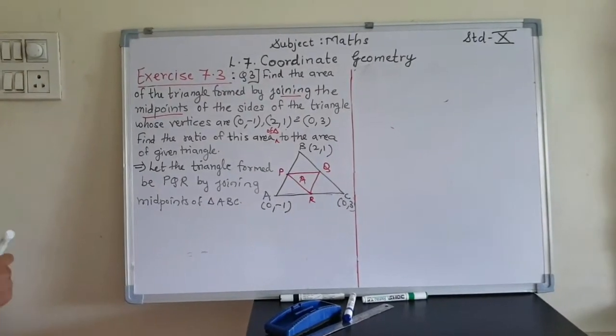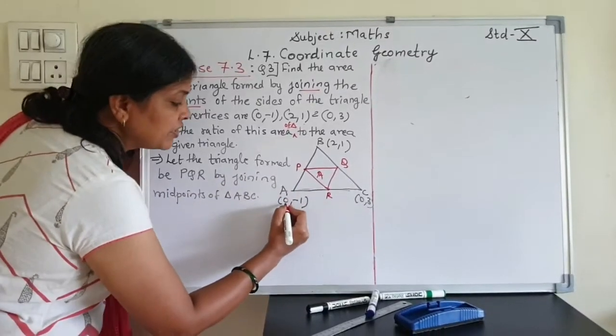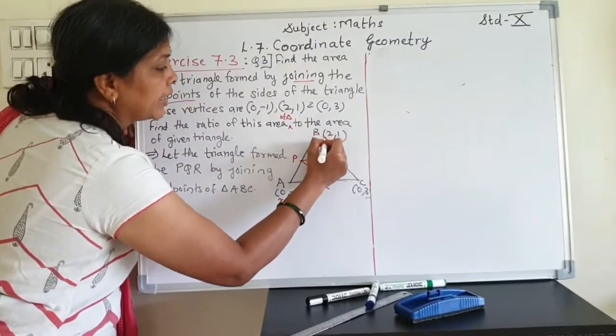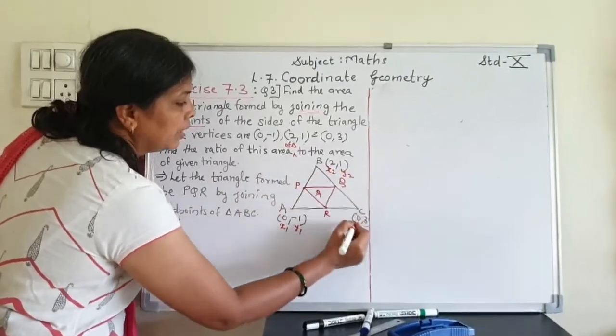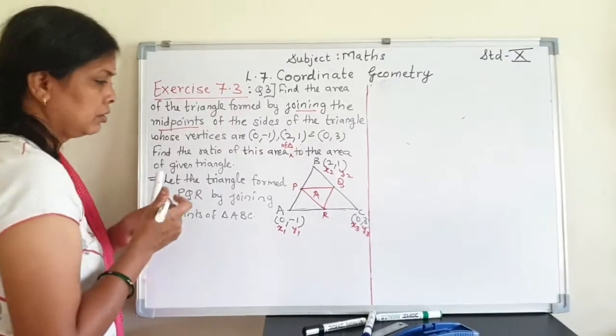Right? Now we will specify here what is x1, y1, x2, y2, x3, y3. Okay?